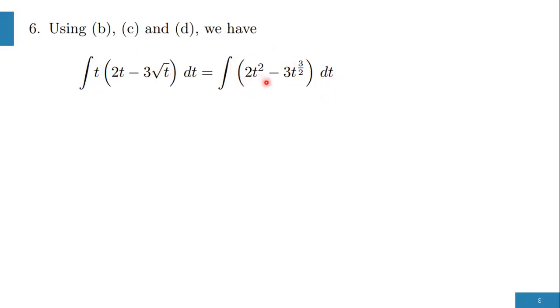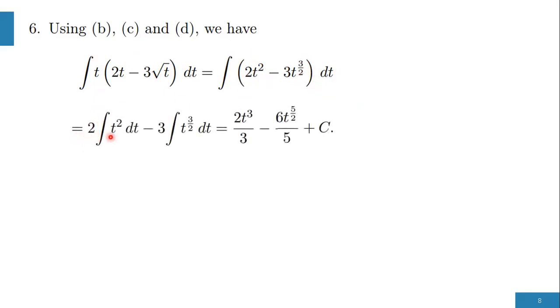After that, we are going to integrate each term. Now we have 2 times the integration of t squared dt minus 3 times the integration of t raised to the power of 3 halves dt, and that's equal to, for the first term, 2t cubed all over 3 minus, for this term, 6t raised to the power of 5 over 2 all over 5, plus c.